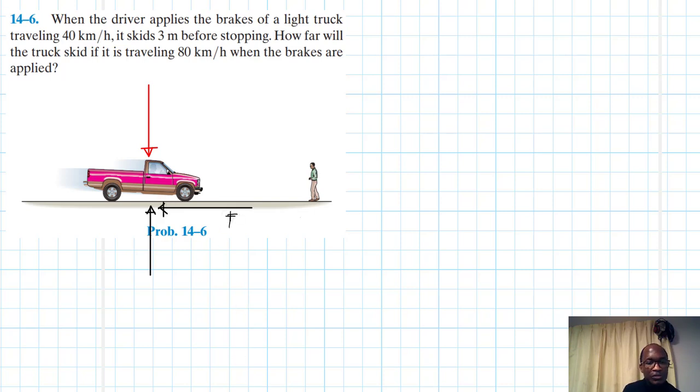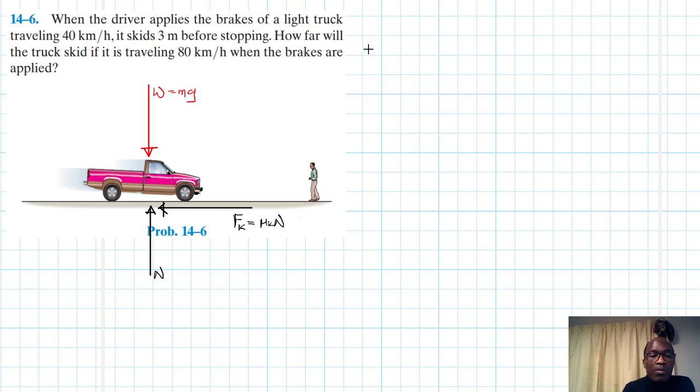Let's call this friction force the friction force in motion, Fk, K for kinetic. We have the normal force like so, and we have the weight. So this friction force is equal to mu K N.